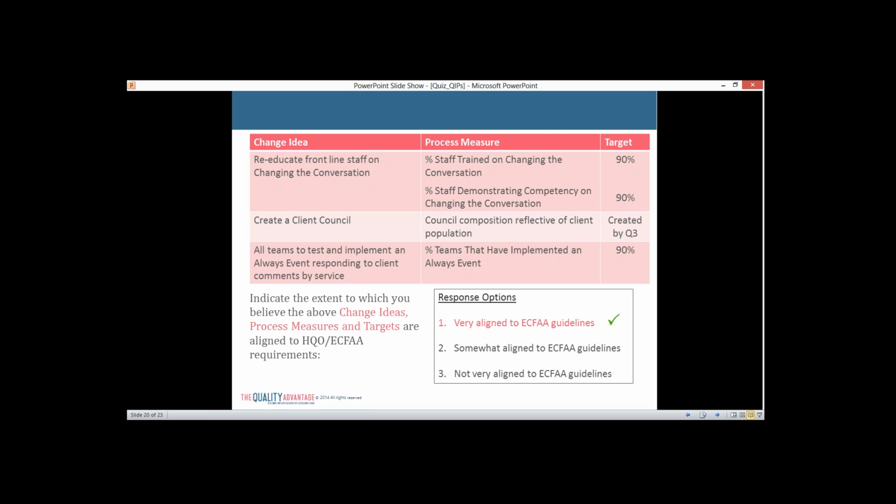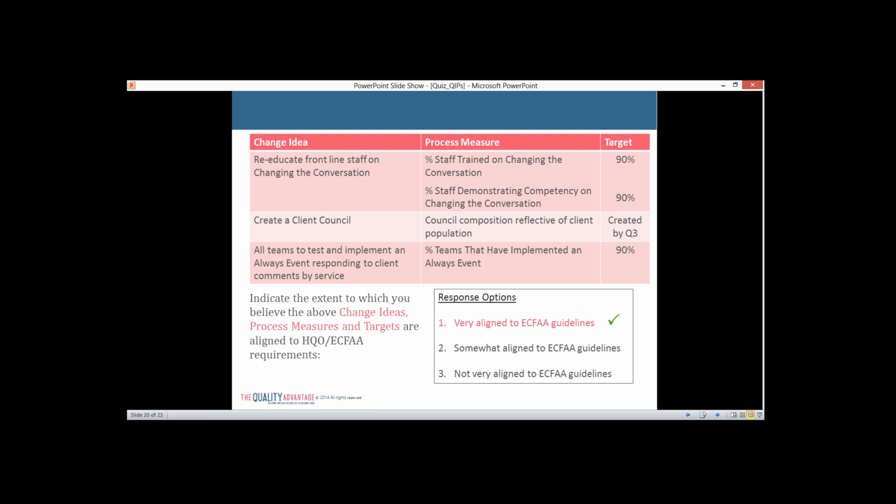And you'll note that both of these targets are 90%, so they're within that range of 90 to 100%. The second row here is kind of interesting. It's about creating a client council. And so this isn't something that frontline staff are trying to do to impact an outcome, but it's sort of an organizational thing, and it's okay to include things like this as long as they don't form a majority of the change ideas.